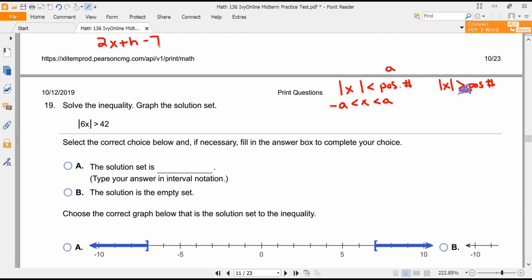If you're doing greater than, you want someone to be outside of a certain distance. They need to be farther away than a certain distance. So that can happen one of two ways. You could go to your left side and go to A and then go farther to the left, or you could go to the right side of A and go farther to the right. And what that equates to is an OR statement. So either X is less than my left-handed number or my boundary, or, because that takes me to negative infinity, X is greater than the positive boundary on the right side.